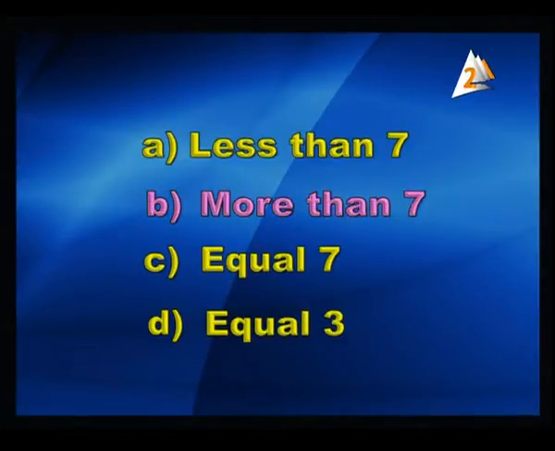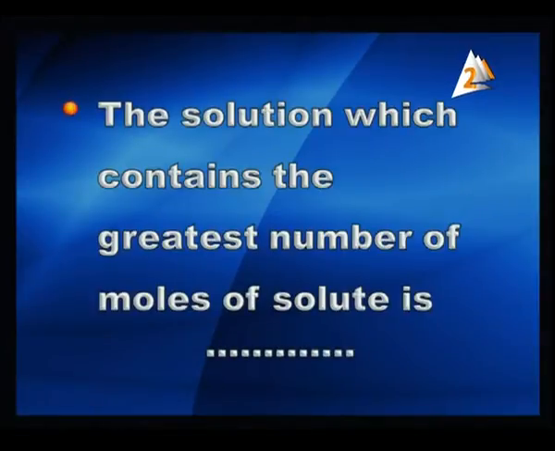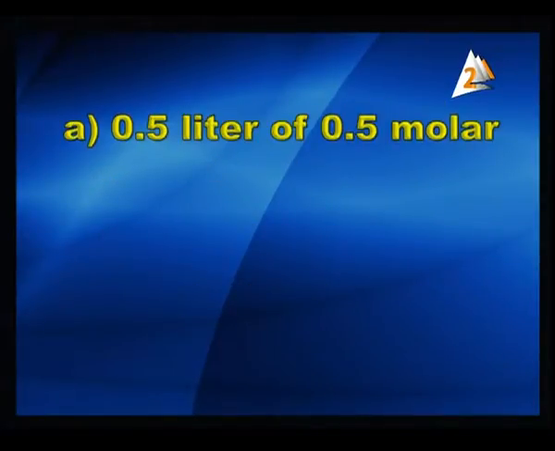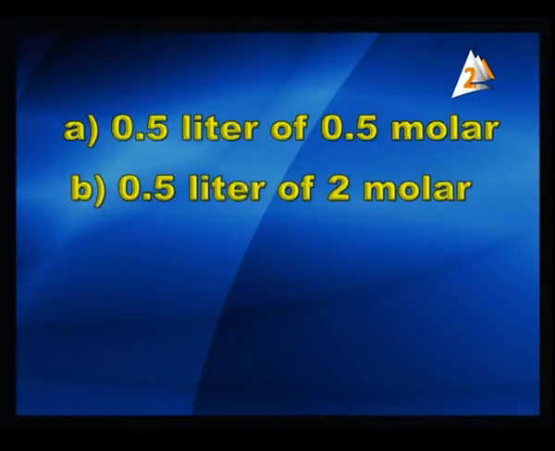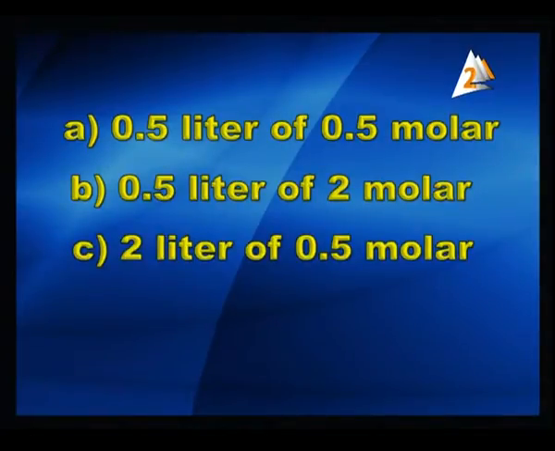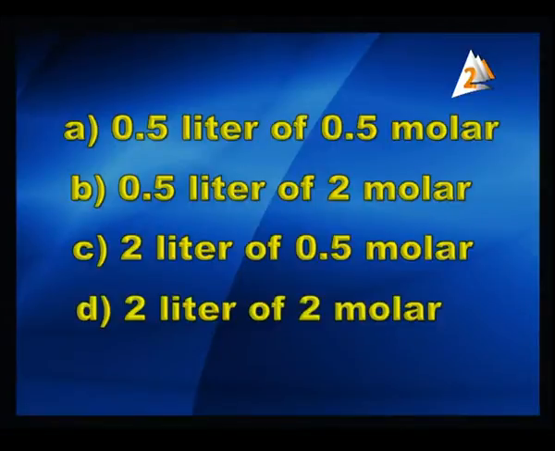Yes, the answer will be more than 7. Next point. The solution which contains the greatest number of moles of solute is what? 0.5 liter of 0.5 molar, 0.5 liter of 2 molar, 2 liter of 0.5 molar, or 2 liter of 2 molar. Yes, the answer will be 2 liter of 2 molar.